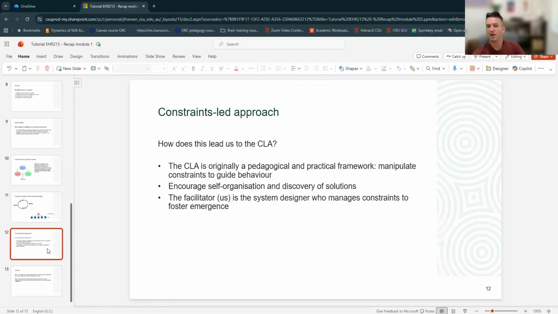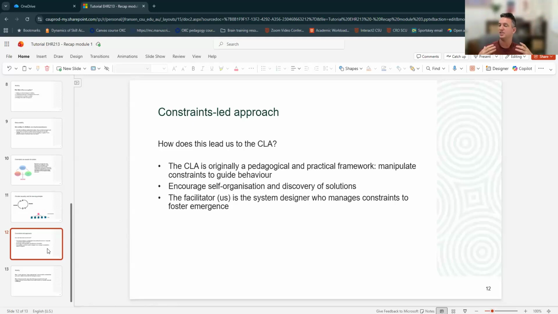The last activity that I want you to think about is the following. Well, first, we talked about the fact that if we want to intervene, we are going to intervene through something called the constraints-led approach. We are going to manipulate features in the environment, features related to the task or features related to the individual that allow us to get certain behaviors to self-organize in that feedback loop without requiring additional input from us. Because think about it this way.